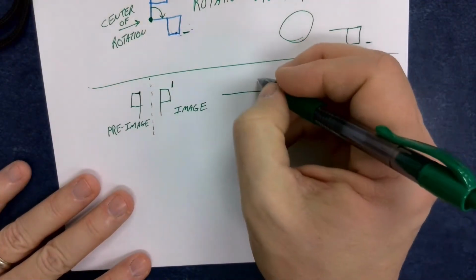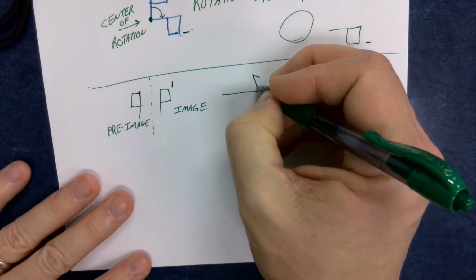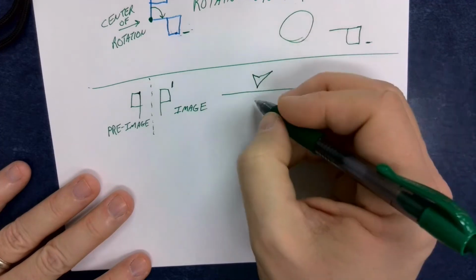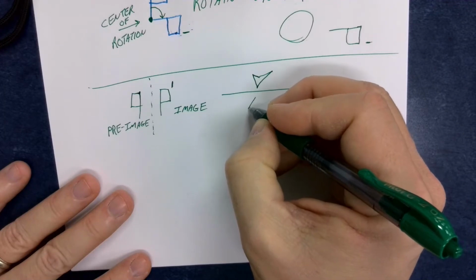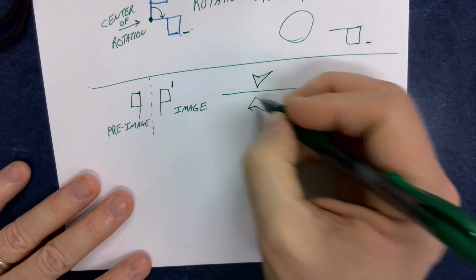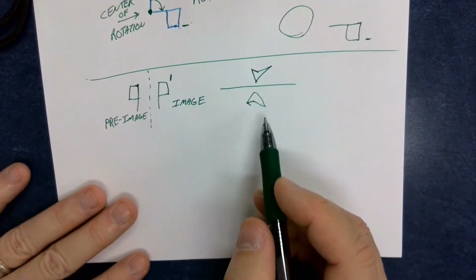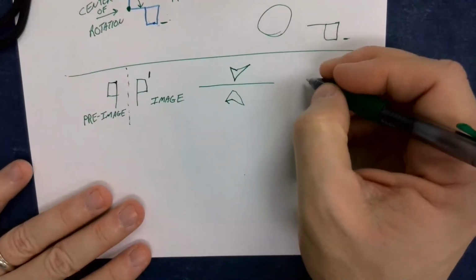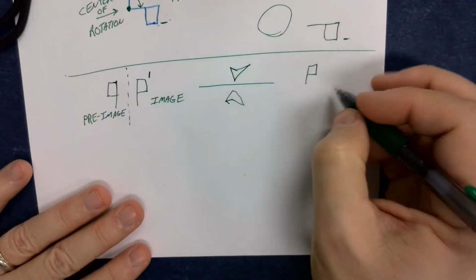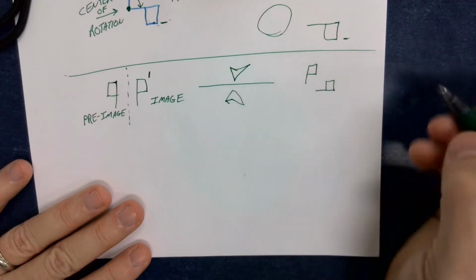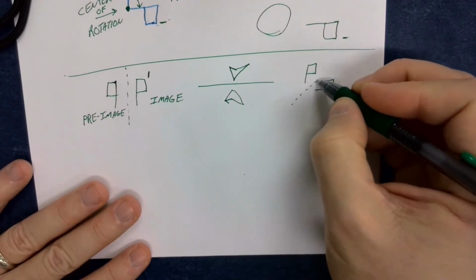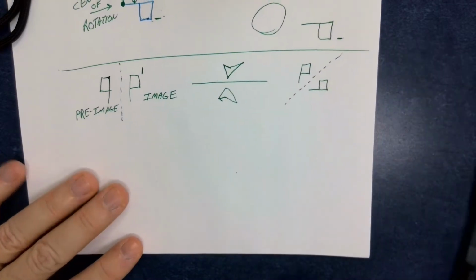And the reflection could be on a vertical line. The reflection could be on a horizontal line. Look like that. Or it could be on a diagonal line. So I could have something that looks like this, and then another one that looks like this, where that kind of goes like that.